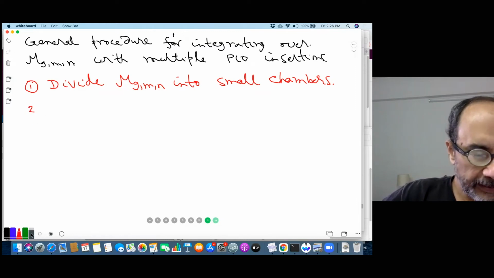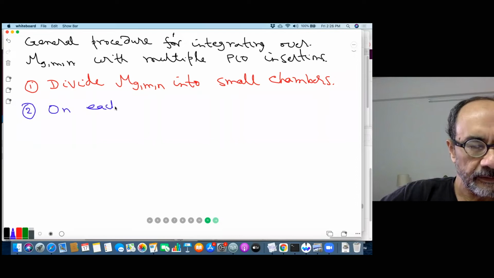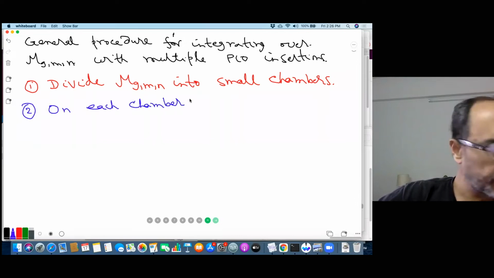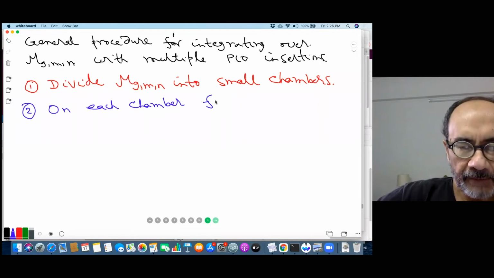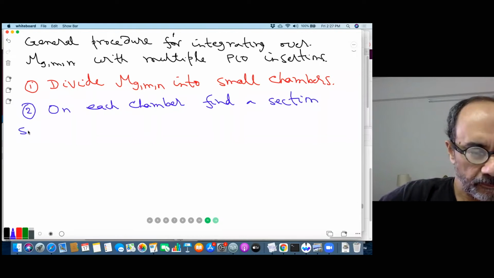Then on each chamber, find a section segment avoiding spurious poles.